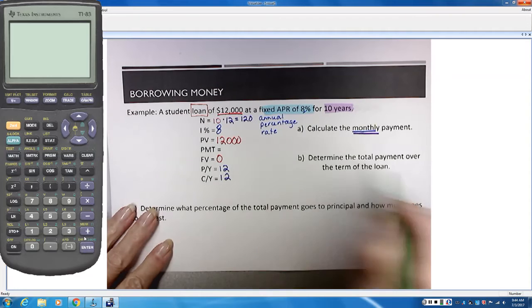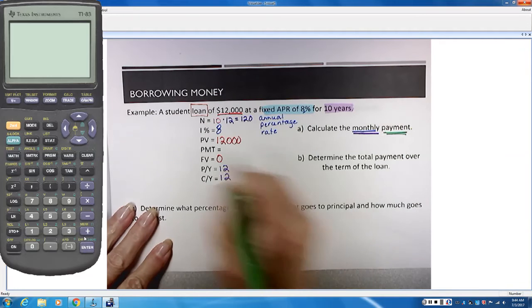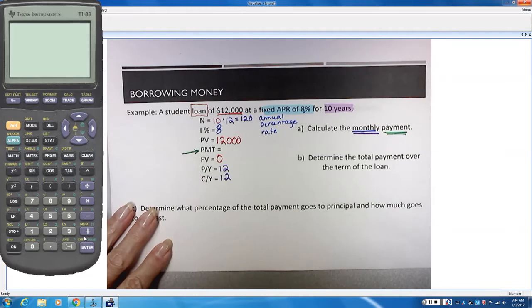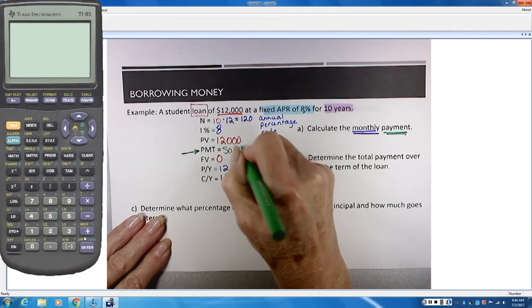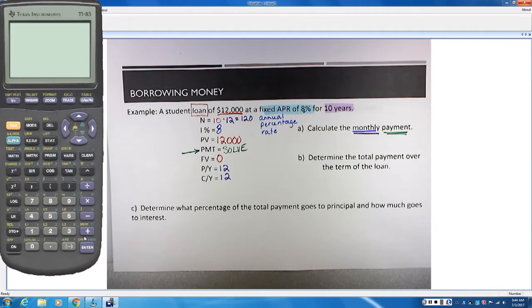Okay, so we want to calculate the payment. So that's where we're going to solve. We get our TVM solver, start at the top.